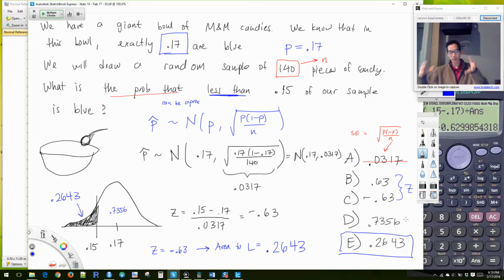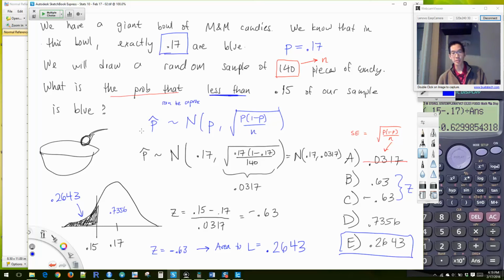So again, the concept is you've got this big bowl, and every time you draw from this bowl, you're expecting something around 17% to be blue, because we happen to know that in the population, exactly 17% are blue, okay?